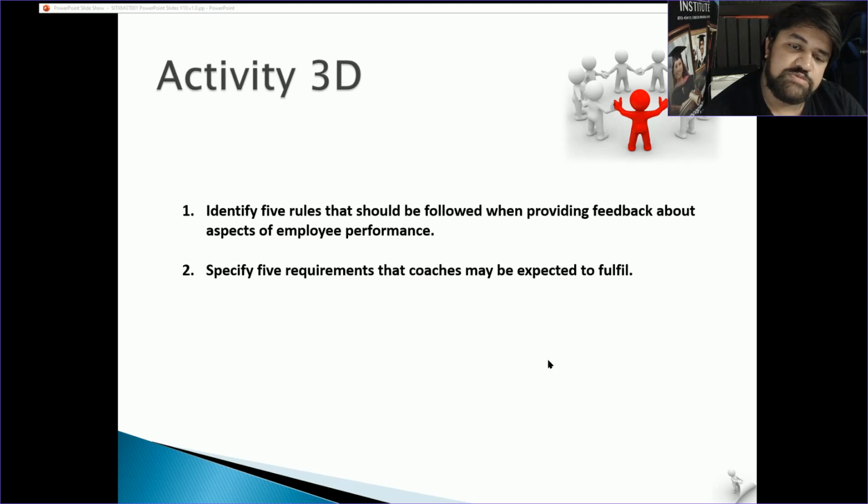So number 2, specify 5 requirements that coaches may be expected to fulfill. So you could be expected to build a rapport and mutual respect between your team. You could be expected to provide encouragement, create inspiration within your team.